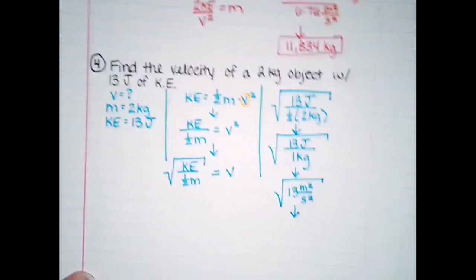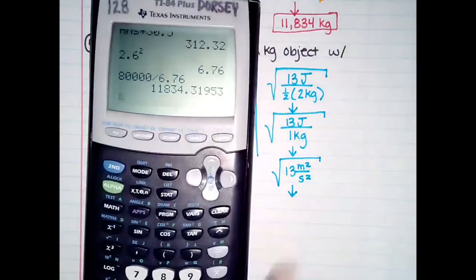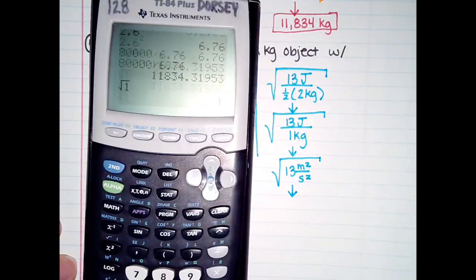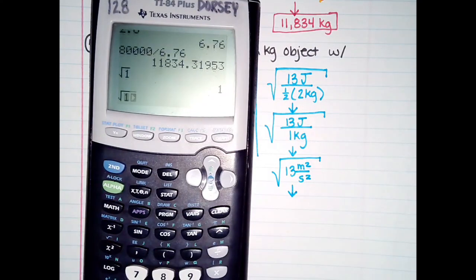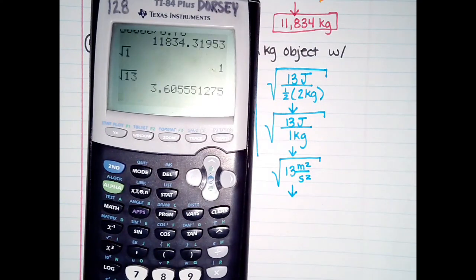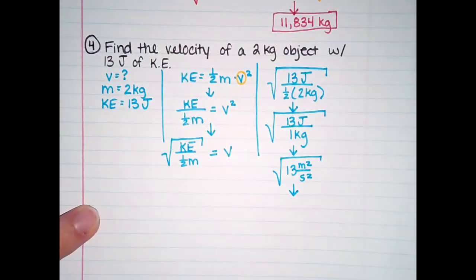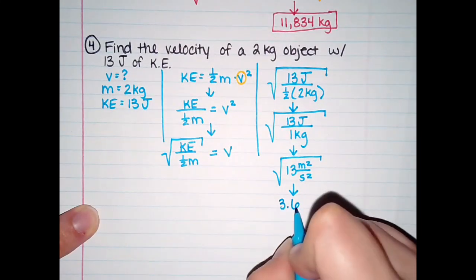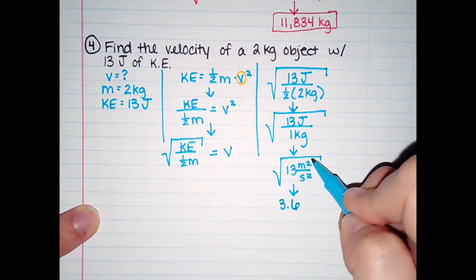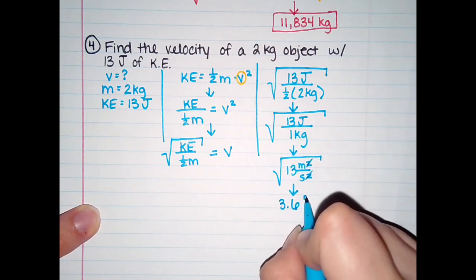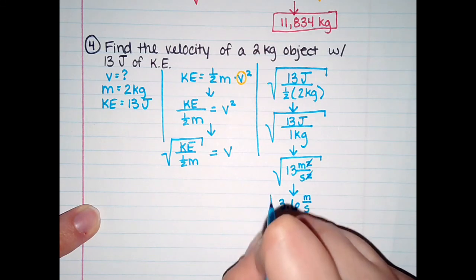The square root of 13 is 3.6. And then the square root will take care of these, and we're left with meters per second. And now we have solved for velocity.